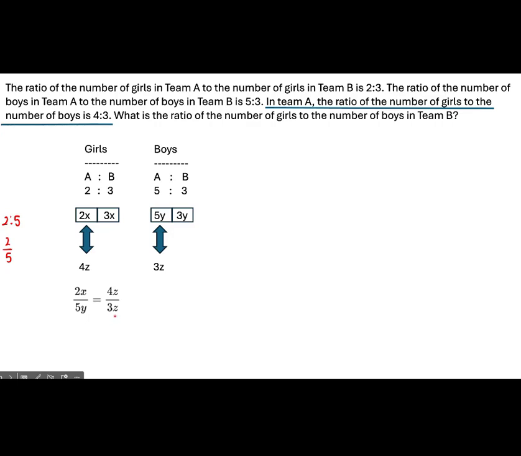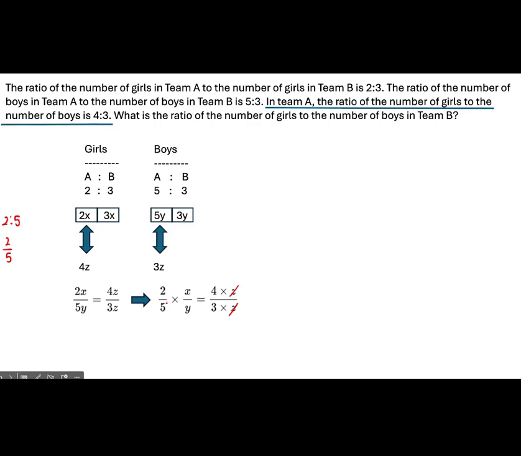Now, 3x over 5y can also be written as 3/5 times x over y, which is the same, because when you multiply it will become 3x over 5y. And here 4z and 3z are nothing but 4 times z and 3 times z. So the z and z get cancelled off, and we are left with 4/3.